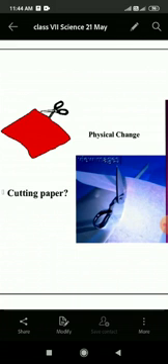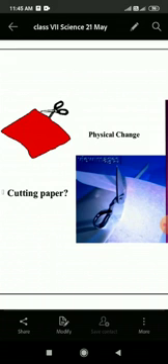When we use scissors to cut a piece of paper, for this activity we can take one pair of scissors and a piece of paper, and after cutting the piece of paper into two or more parts with the help of scissors, if we observe the paper pieces, we will find there is no chemical change, there is no change in the characteristics of paper.